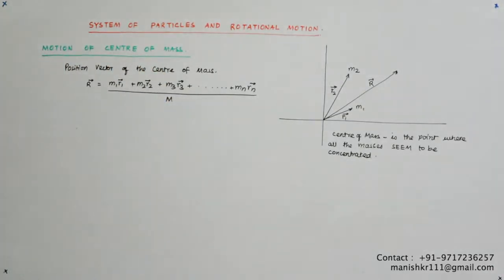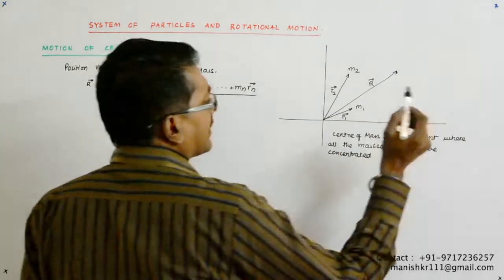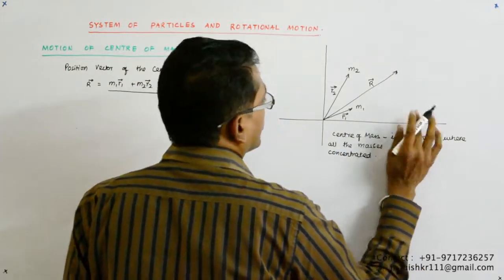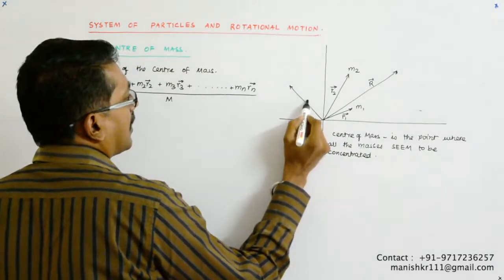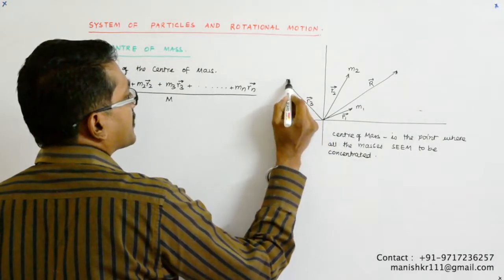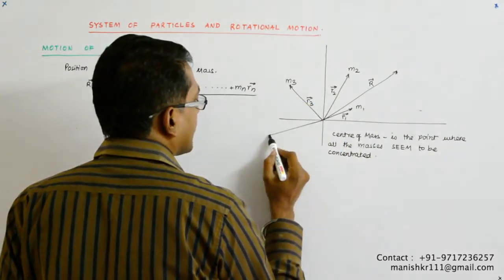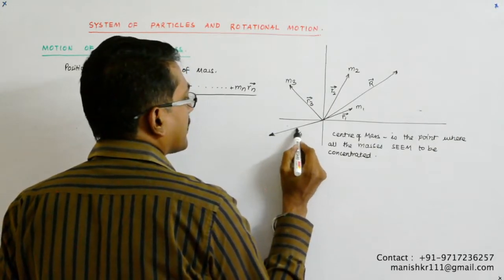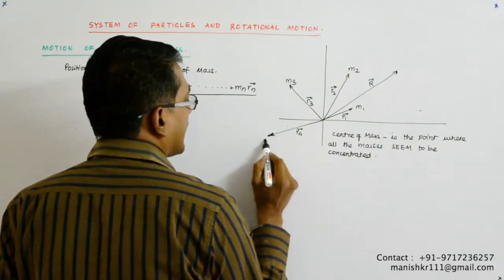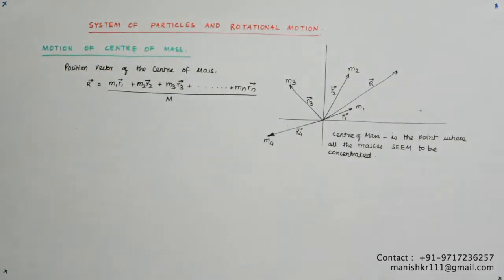They seem to be concentrated, right? And there'll be many more, so there could be say an r3 here and an m3 at this point, and maybe some r4 here, and at that point we are placed with m4, and fine.